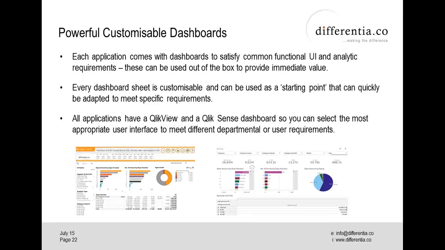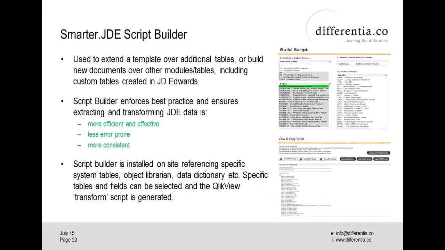So in addition to each of the templates, we have a script builder. I actually developed the script builder originally to assist me when I was creating the templates. When I was extracting and transforming data, I found it quite painful to go through on a field-by-field basis and work out what that field should be renamed to, how many decimal places, whether it was a Julian date.